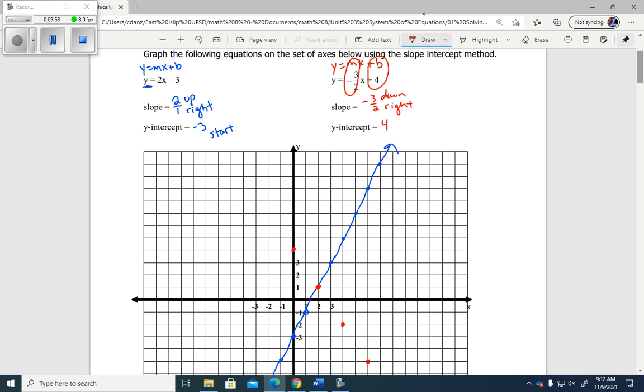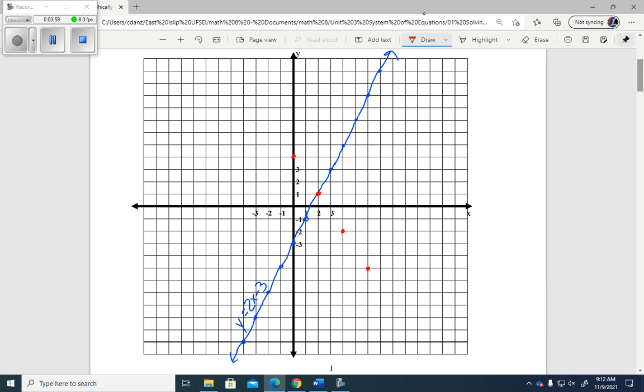Go to the edges of the graph paper and go in both directions, please. Make sure you put arrows and label your line.